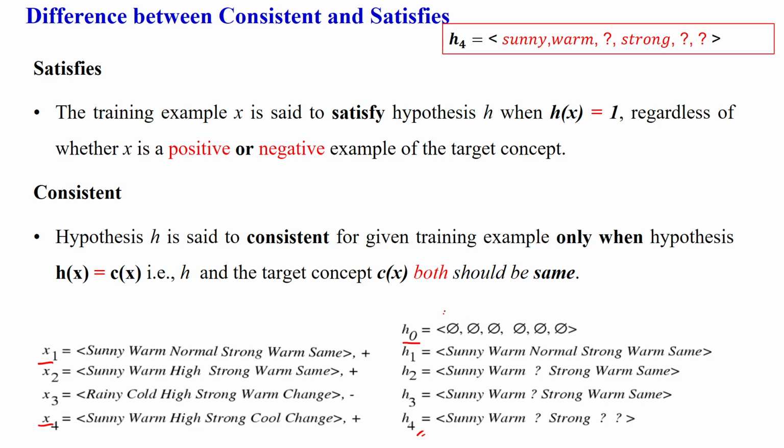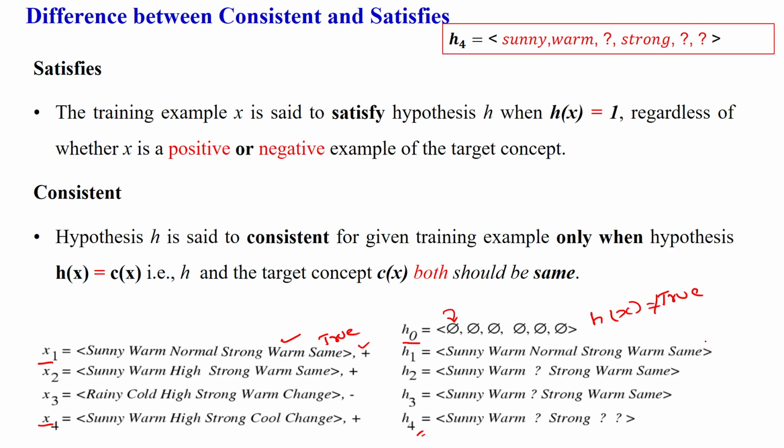You'll see this hypothesis has constraint values which do not accept any value, so it is not satisfying h of x equal to true. Here this is a true, but it is not accepting any value, so it is false. Since it is false, it is not satisfying the given example x1.